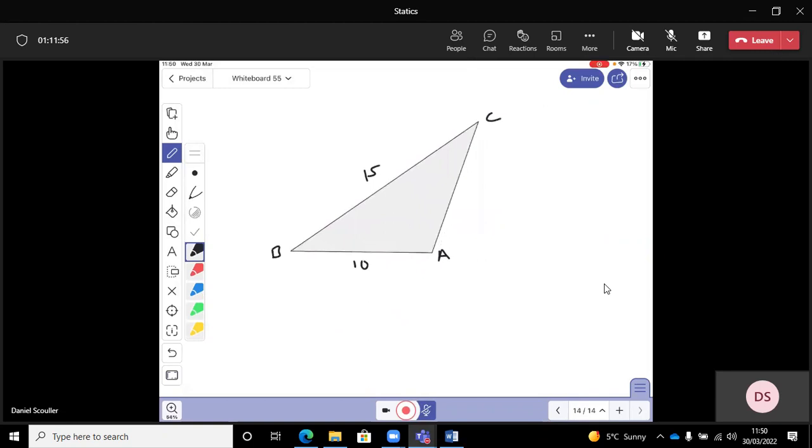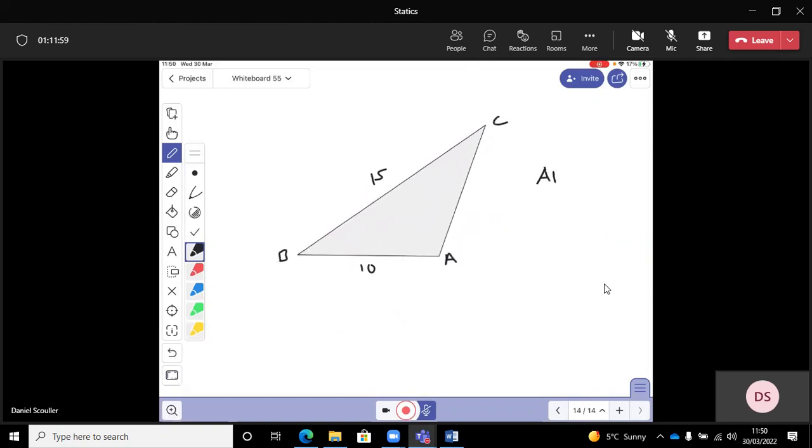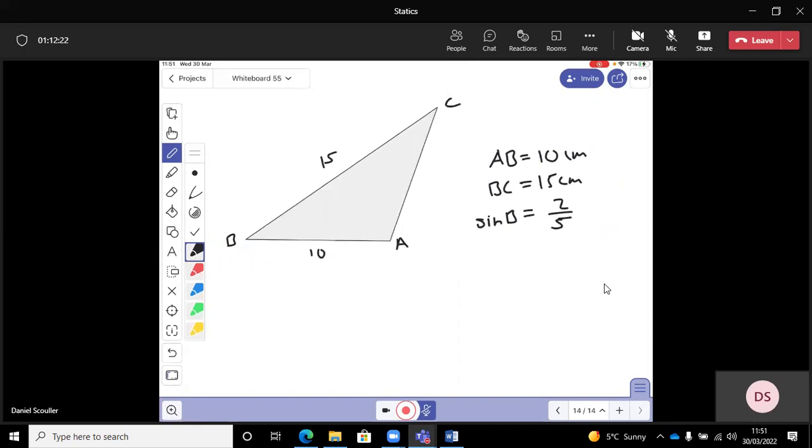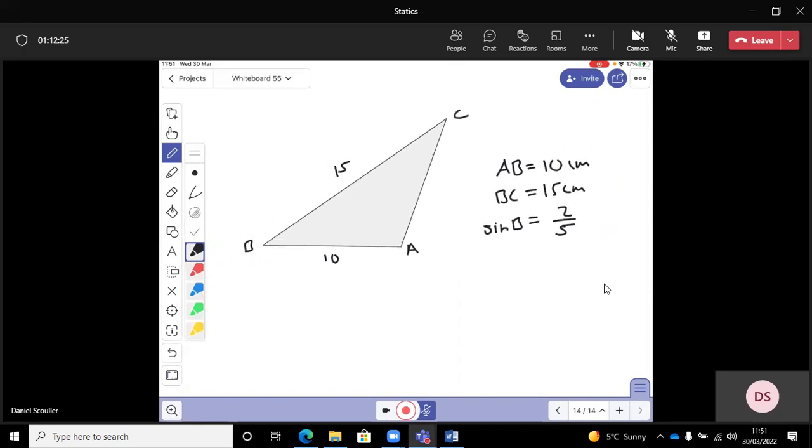Okay, so this is what you're given in the question. Most people had a go at this, which was good to see. Most people were able to pick up that, okay, this isn't a right angle triangle, so we need to use one of our rules.